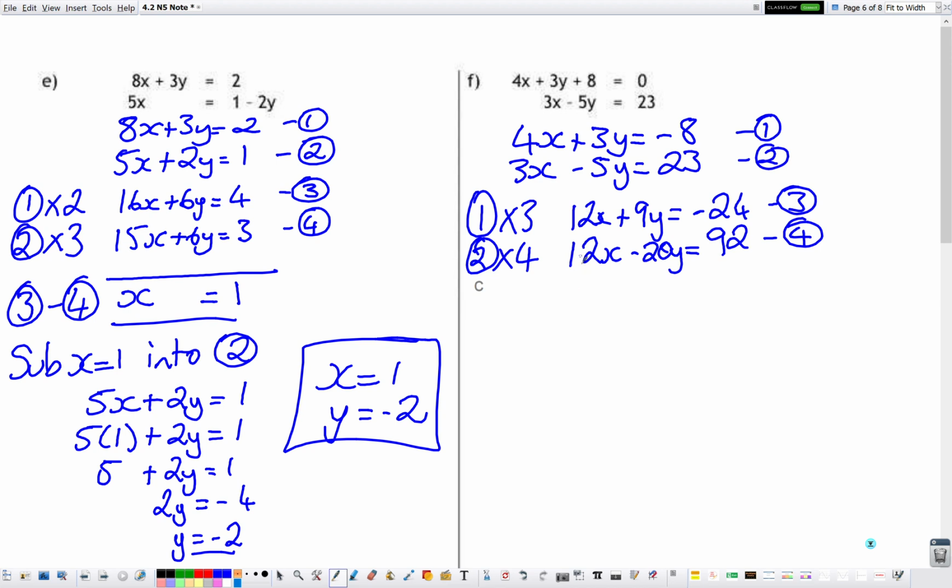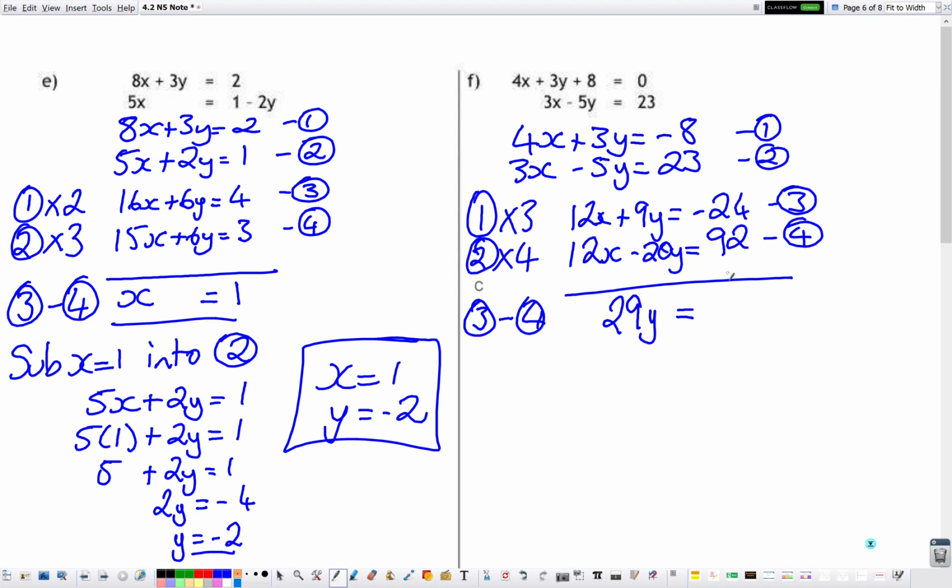They're the same sign, therefore I need to subtract. So I'm going to do 3 subtract 4. 12x take away 12x, eliminated. 9y take away minus 20y. There's a wee double negative. 9 minus minus 20 is 9 plus 20. So that's going to be 29y.